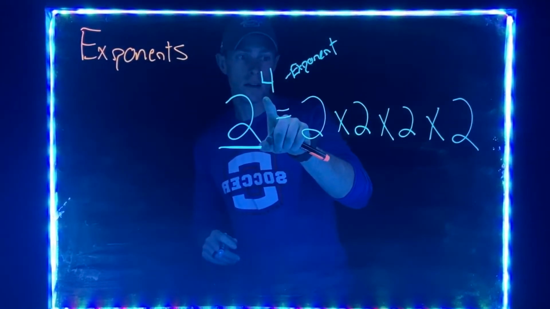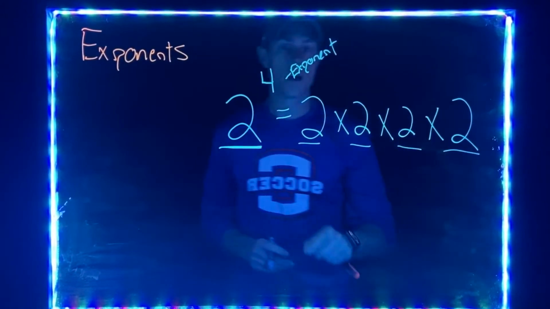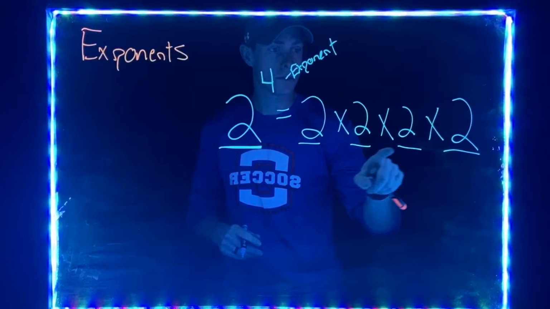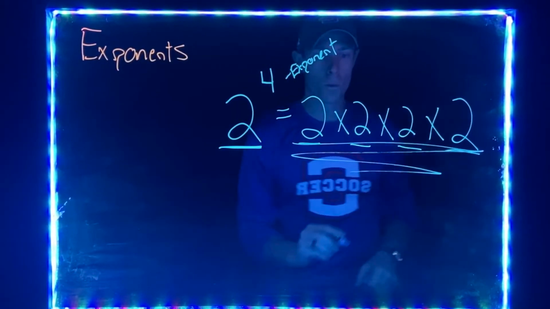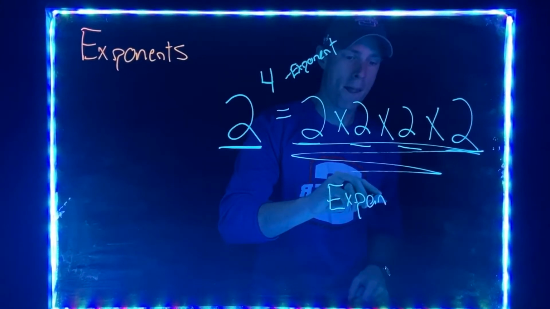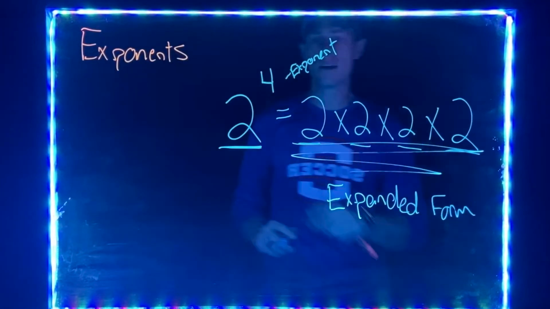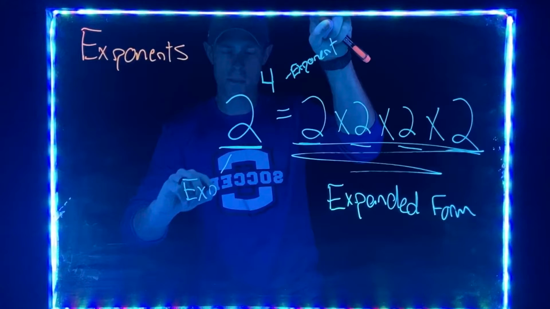The exponent told me how many 2's I needed. So 2 to the 4th power becomes 2 times 2 times 2 times 2. This right here, we call that expanded form. This is exponential form.